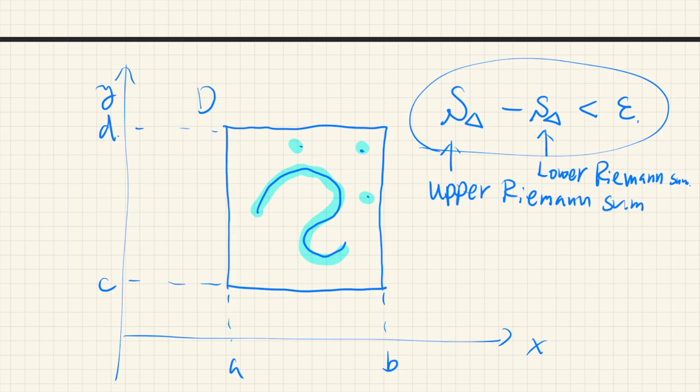If this difference converges to 0, then we have a function that is Riemann-integrable.